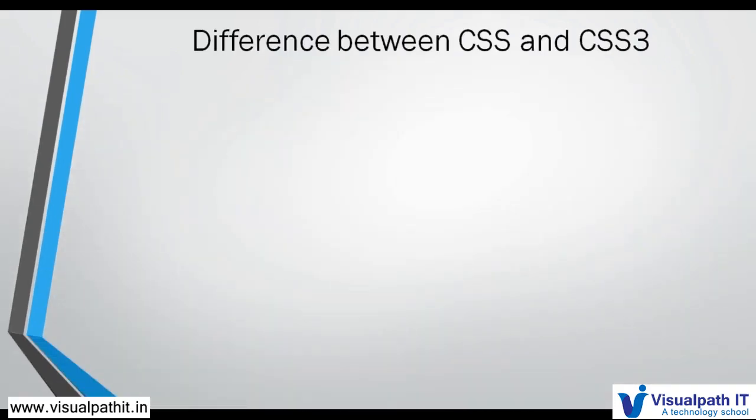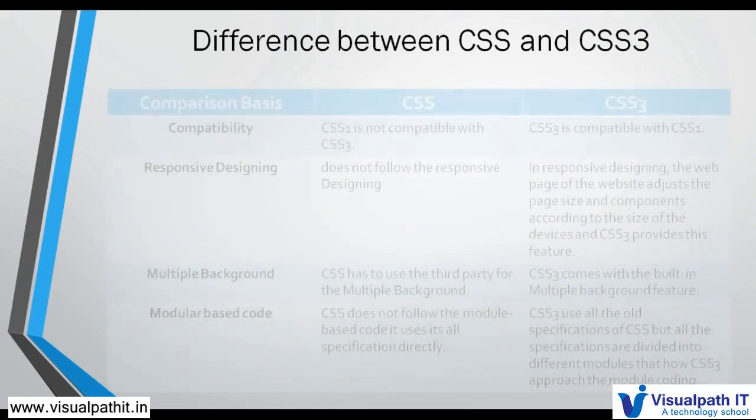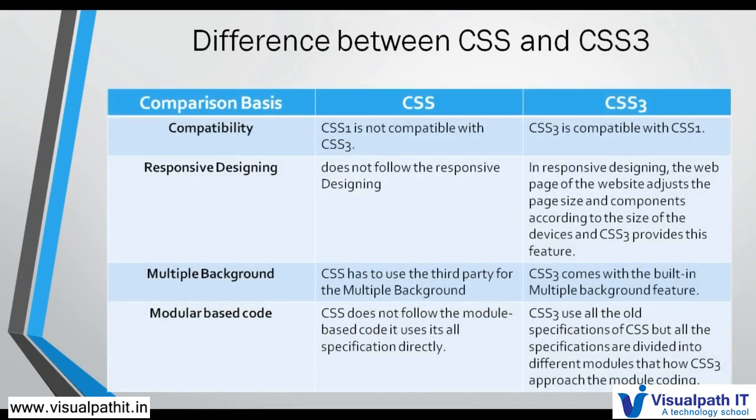Now let's understand the difference between CSS and CSS3. If you see on the screen, there is a comparison basis, the second column is CSS and the third column is CSS3. For compatibility, CSS1 is not compatible with CSS3, but CSS3 is compatible with CSS1.